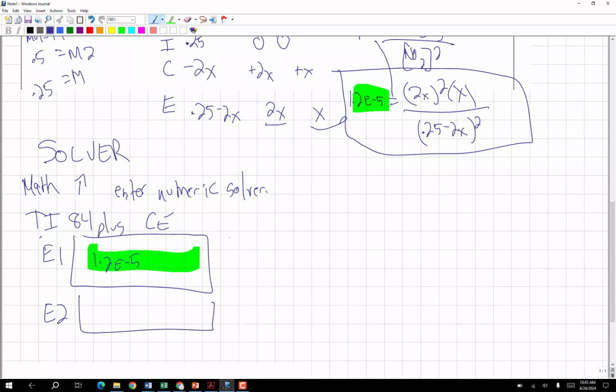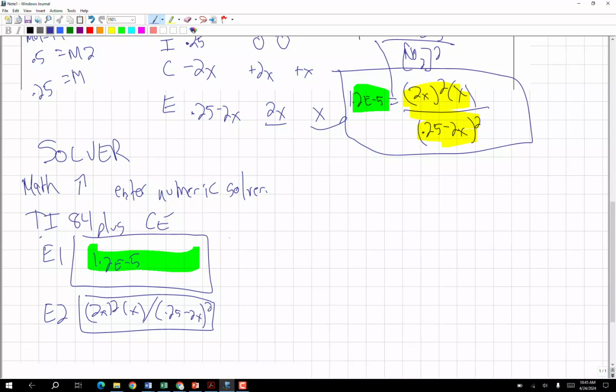And I have this other box, and it's going to be the right-hand side: 2x quantity squared times x divided by quantity 0.25 minus 2x quantity squared.